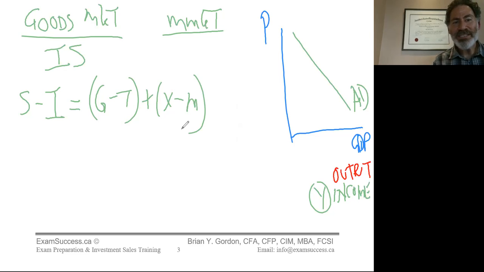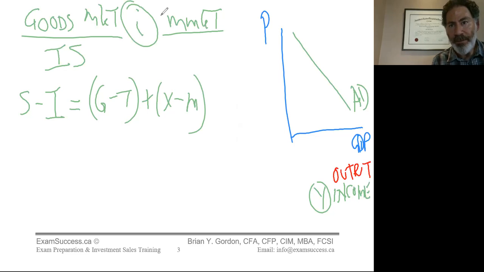This is the equilibrium in the goods market at a specific interest rate. I'll write an I for the interest rate.